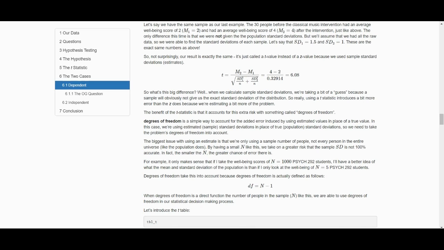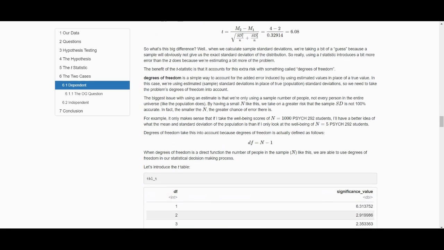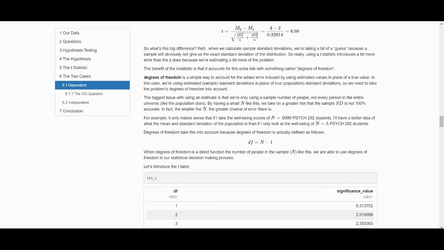So not surprisingly, when we calculate our t-value, it's actually exactly the same, because of course we're doing 4 minus 2 divided by our 0.329, which is of course 6.08. The only difference is that before we found z equals 6.08, and now we found t equals 6.08. So what's the big difference?